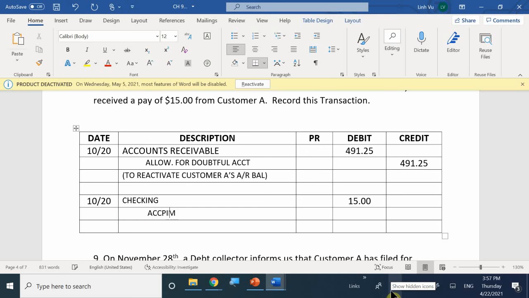Accounts receivable for $15. Okay, and then I'm going to write here that we received payment: PMT from customer A. That's pretty straightforward, right? We received a payment from customer A for $15.